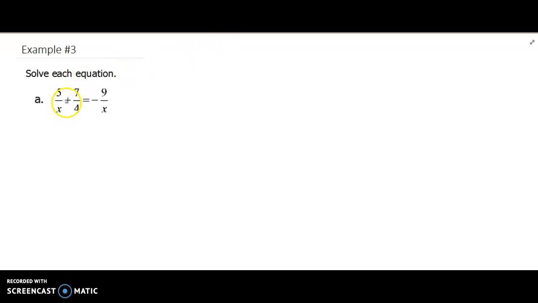I'm adding fractions and I know what it equals. So just like when I added fractions before, I can't add or subtract unless I have a common denominator. My lowest common denominator, I have an x and a 4 and an x, would just be 4x. So I want to change all the denominators to 4x. So 5 over x, to get this to 4x, I'd have to multiply by 4 over 4.